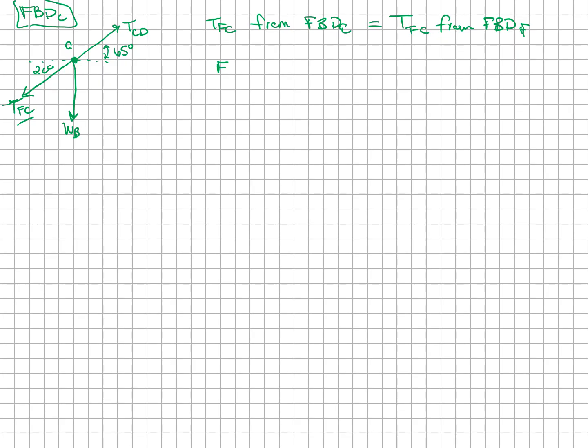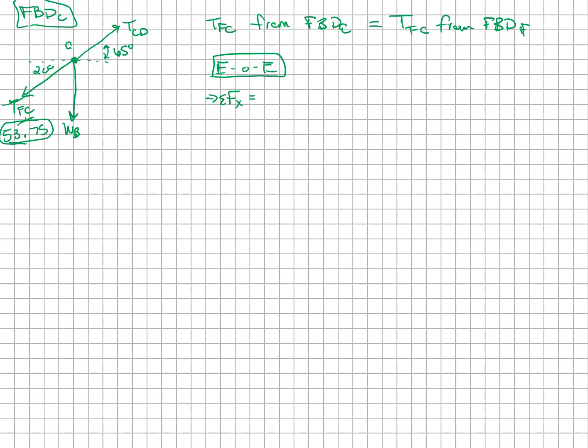Now if we do our equations of equilibrium, the sum of the forces in the x direction, we're going to just sub right in there and make this 53.75 because we found that in our last set of equations.